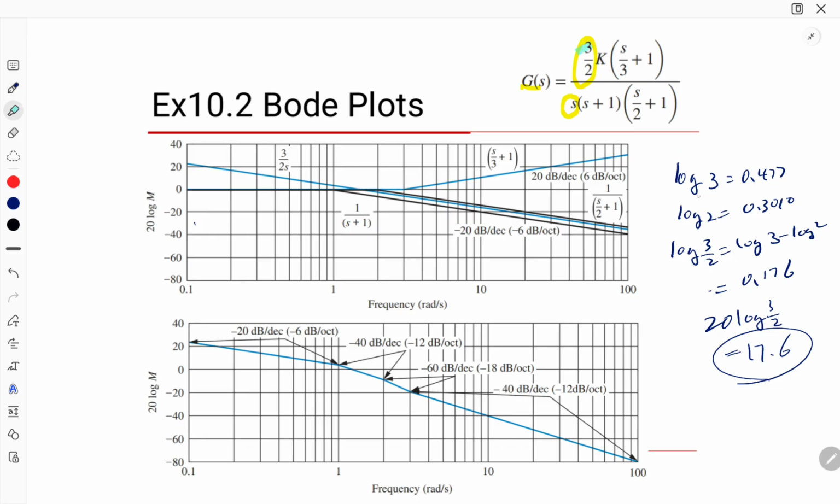Log 3 is 0.477, log 2 is 0.301. Log 3 over 2, that's what we're trying to get, is log 3 minus log 2, numerator minus denominator. 0.477 minus 0.301 is 0.176. 20 log, so you multiply by 20 literally, 20 log of 3 over 2, it's about 17.6 dB.